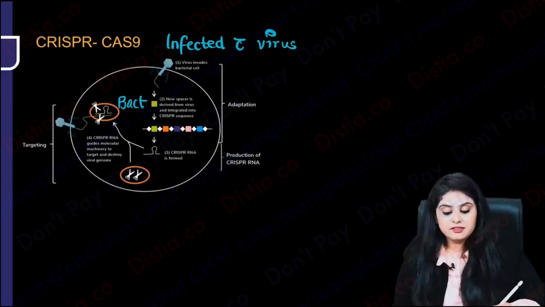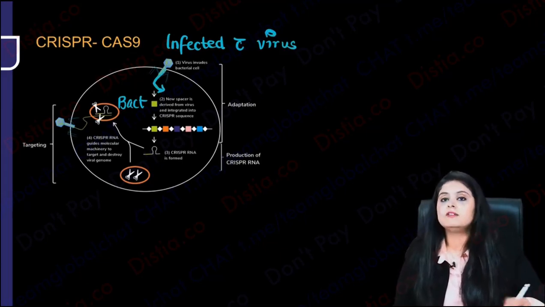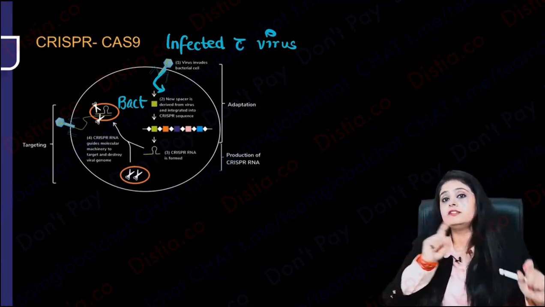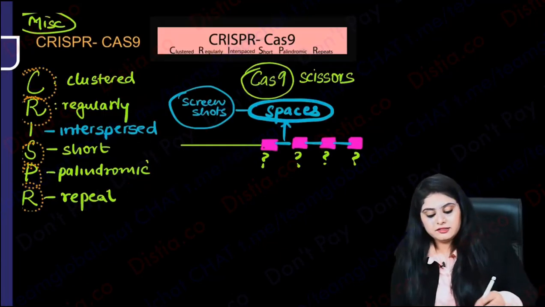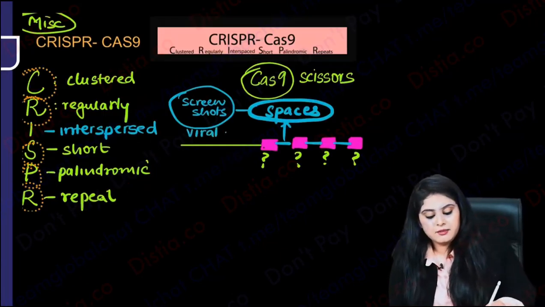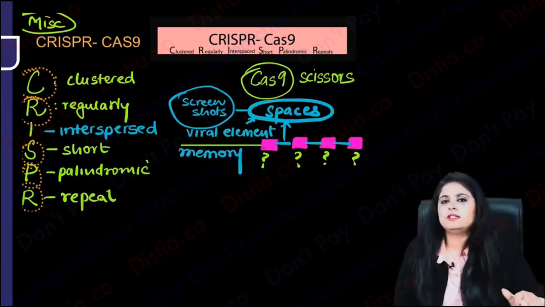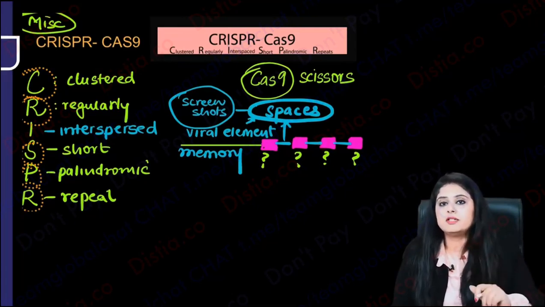The bacteria will say, hang on, I will kill this virus, I will take its screenshot and save it in its memory. This is the memory of the viral elements kept in the spacers, so that next time if this virus comes and tries to harm me, I will remember it because I have taken a photo of it and kept it in my memory.